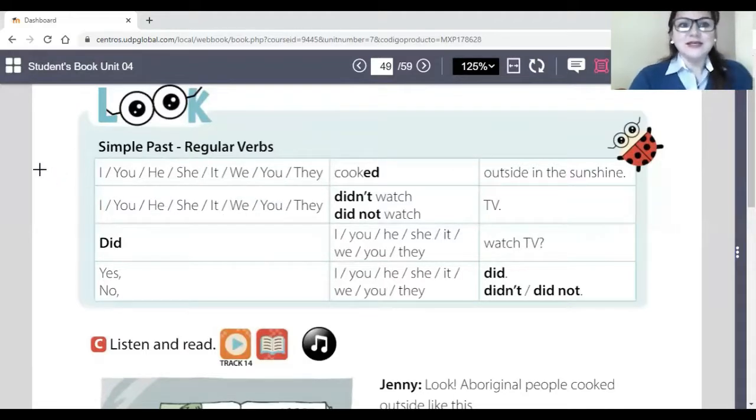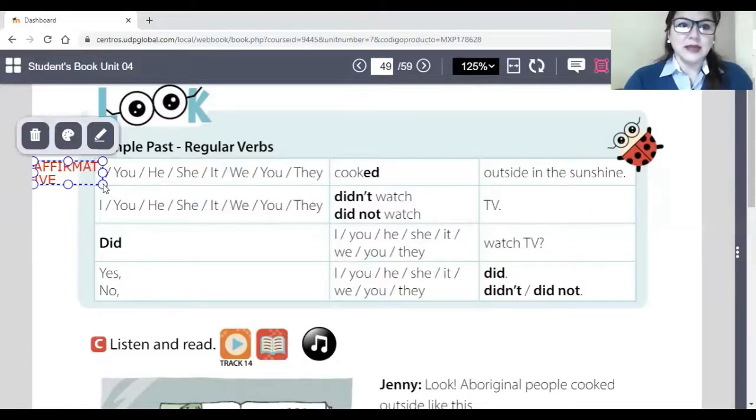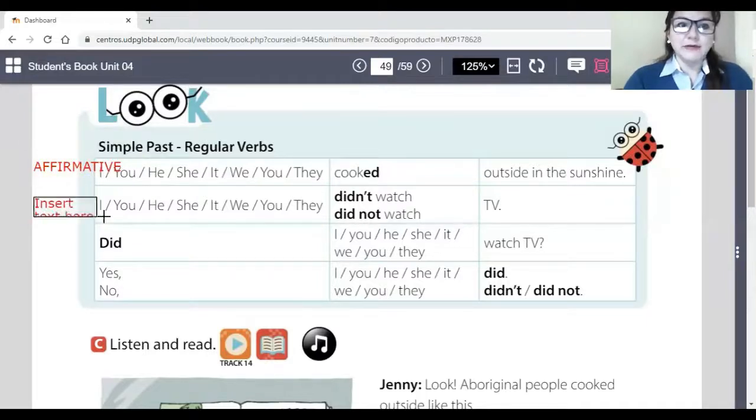I'm going to write in here affirmative form. This is the negative form. Okay, this is the question form.